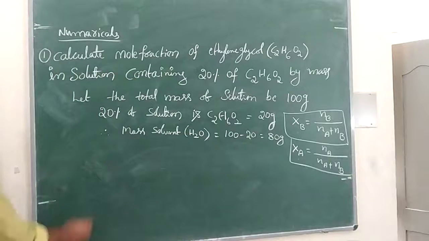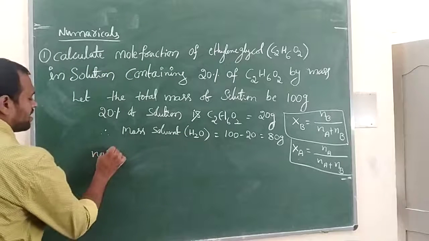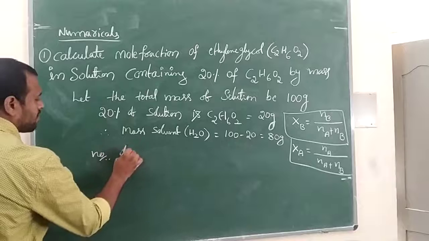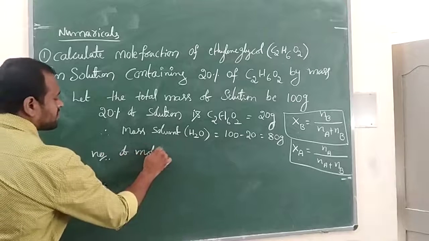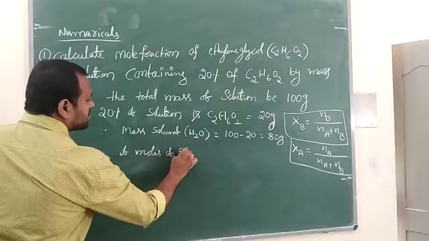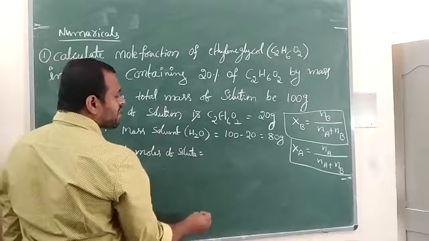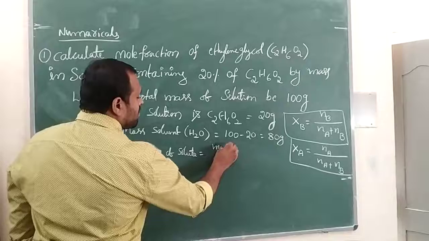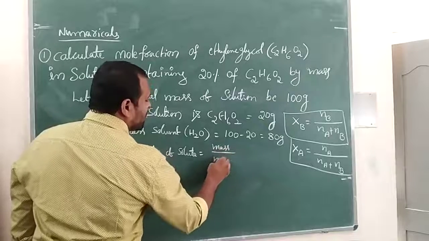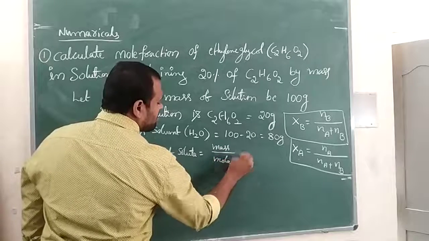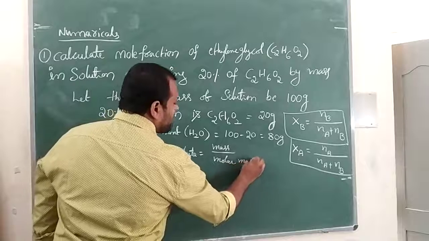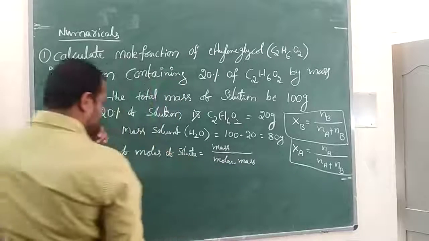Now what is NB? Number of moles of solute is equal to, what is the formula we have? Mass by molar mass. This is the formula we have.